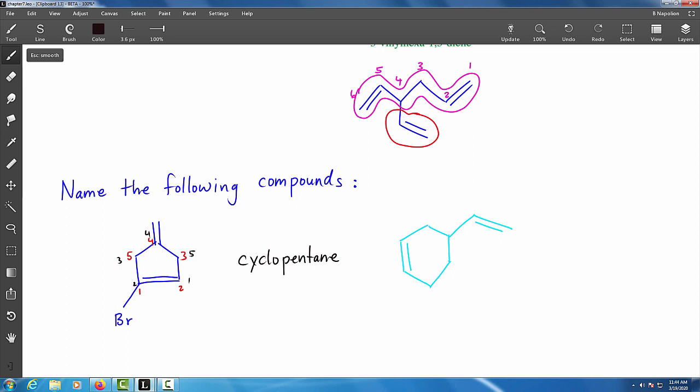And we have a, well, the red is going to give me the more correct numbering. So we have a bromine on number 1 for the red direction. If I use the black direction, that would give me 2 bromo, but it would still give me the methylene on 4. So I want to use the red direction.